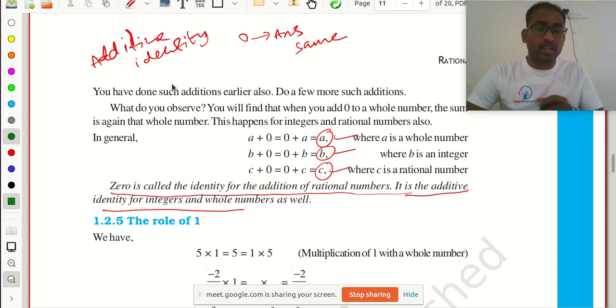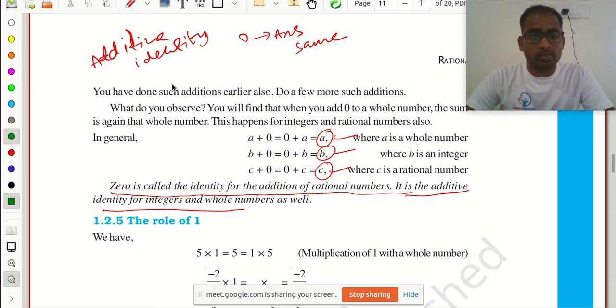Now just think: what can the multiplicative identity be? If I multiply with what, will my answer be the same? In addition, after adding 0 my answer is the same. In multiplication, please respond.